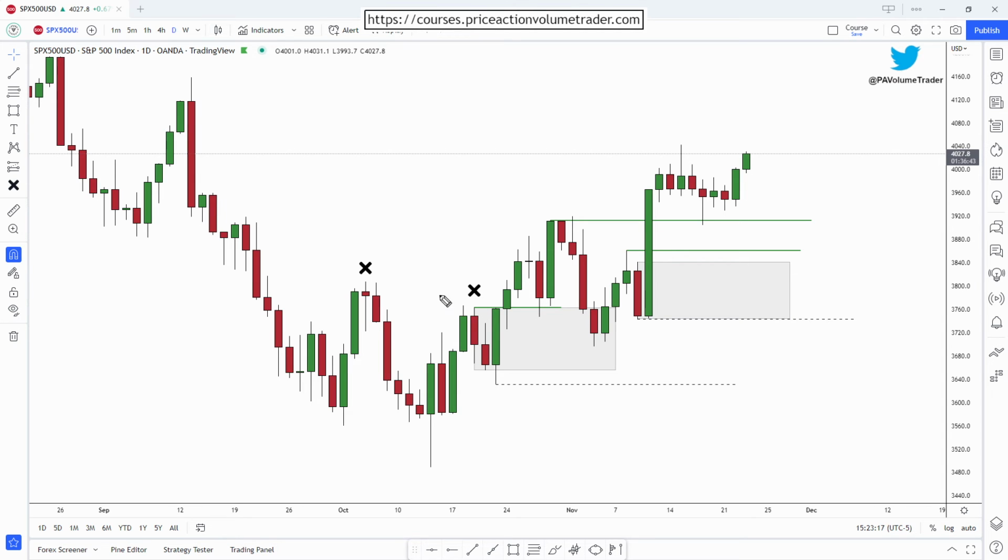So first of all, over here, and let me actually put this here. I like to mark the two swing highs that we broke, and then I also mark the last consolidation or the bullish block.